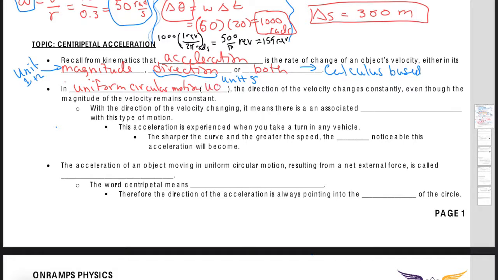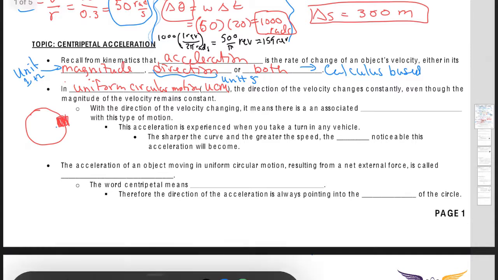or abbreviated UCM. What happens in UCM is that the direction of velocity is going to constantly change, even though the magnitude will remain the same. Let's say I have an object traveling in a circle. So here's my object.